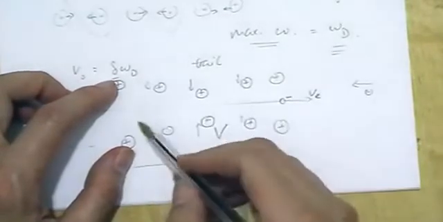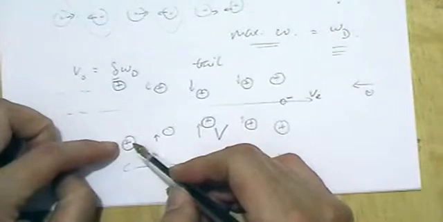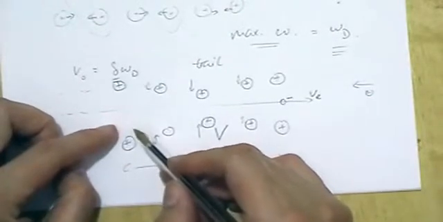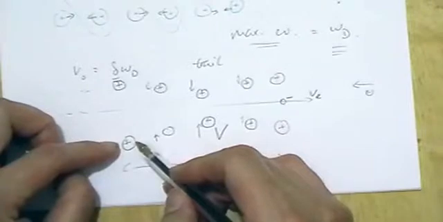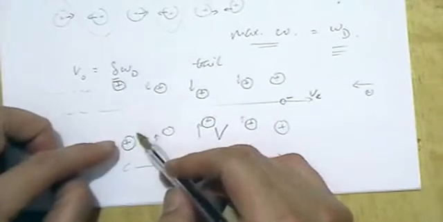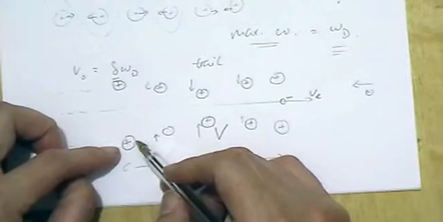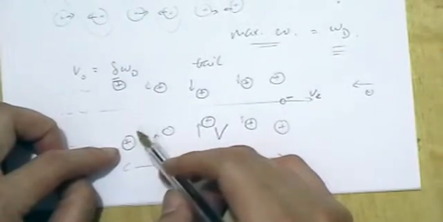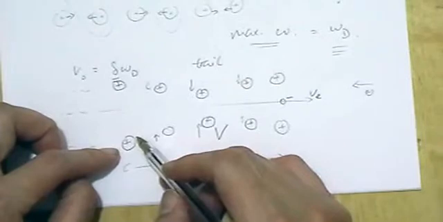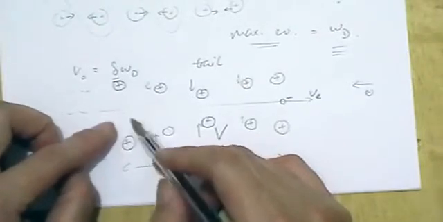So the time that it takes for the electron to travel this distance L is the same as the time taken for this ion to move up and come back down to the rest position again. This time is the time for half a period of this oscillation.